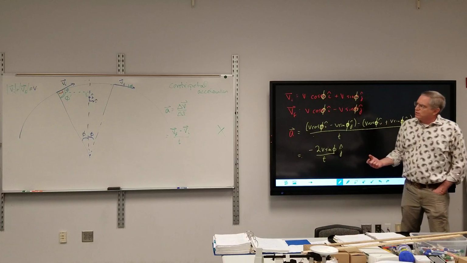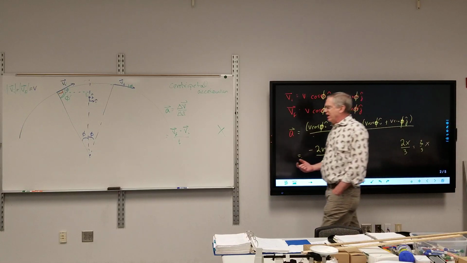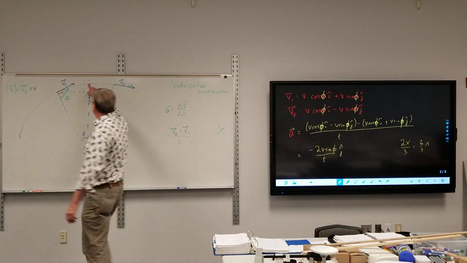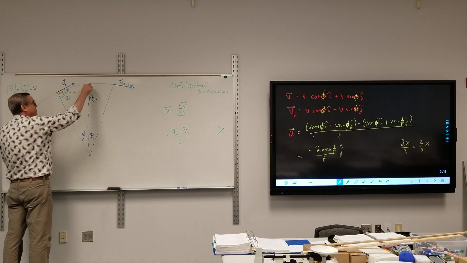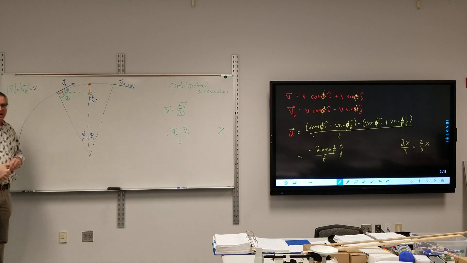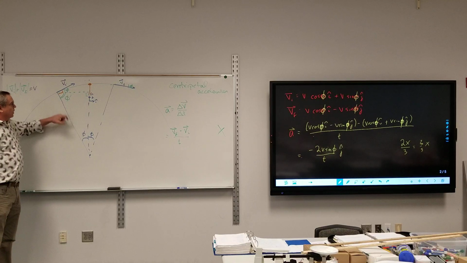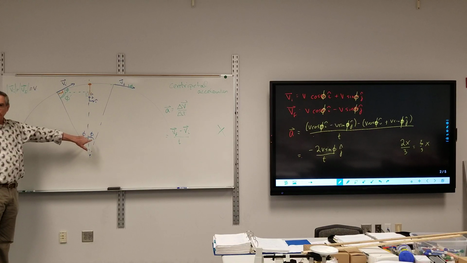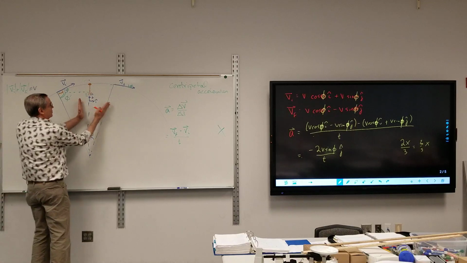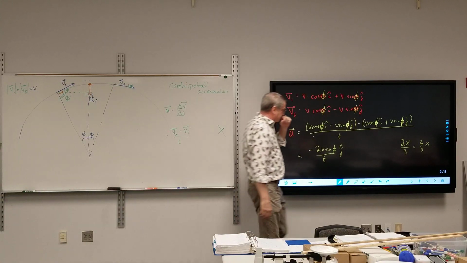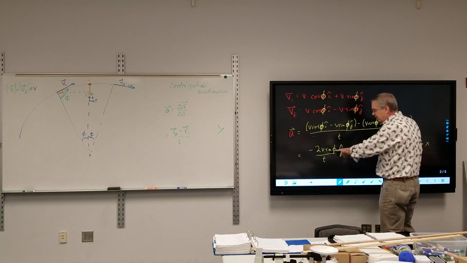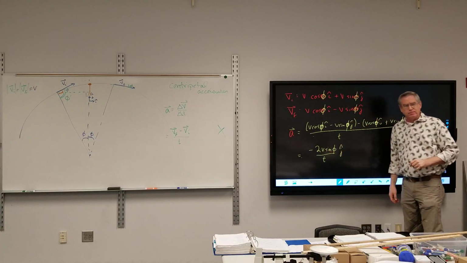Since I want to know the acceleration at a particular point, let's say this spot here in the middle, I know it's in the negative j hat direction, and I'm going to let phi get smaller and smaller. I'm not going to let it equal 0, I'm going to let it approach 0. So I'm going to make this incredibly tiny. And if I do that, then sine of phi here is just phi.